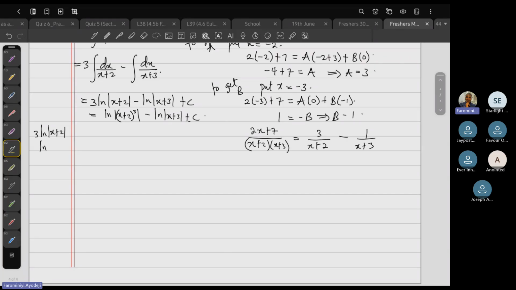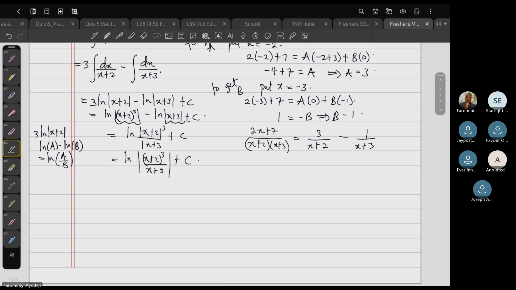Then we remember that log a minus log b is equal to log of a over b. So if this is our a and this is our b, that is log of x plus 2 cubed over x plus 3, plus c. So we can combine the absolute values: x plus 2 cubed over x plus 3, plus c. Is it clear now?